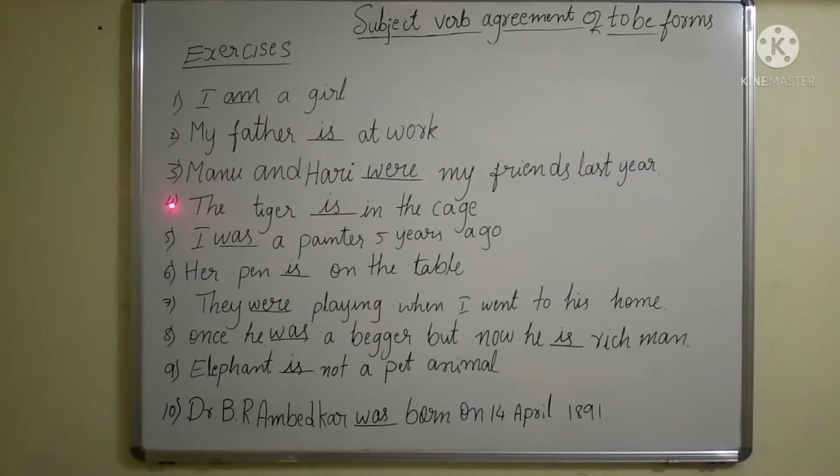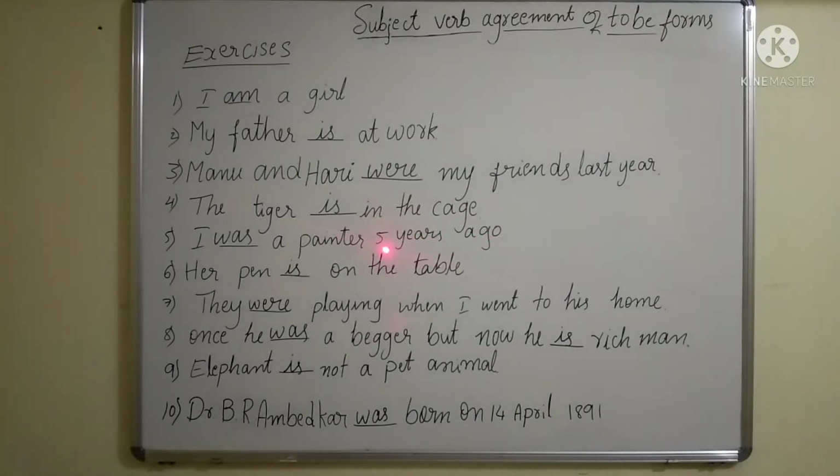Now, coming to the fourth one. The tiger is in the cage. So, is is the correct to be form here. Why? Because there is no clue for past tense. There is no clue which indicates past tense. Okay, so it is present tense. Next, fifth one. I was a painter 5 years ago.